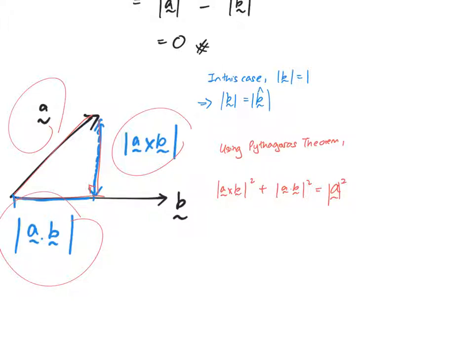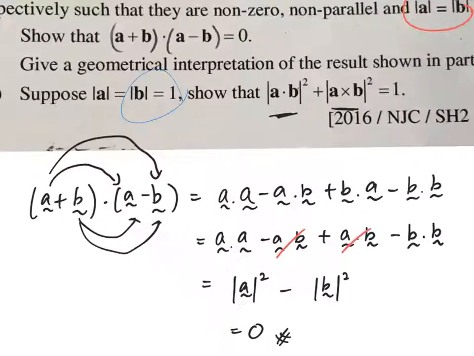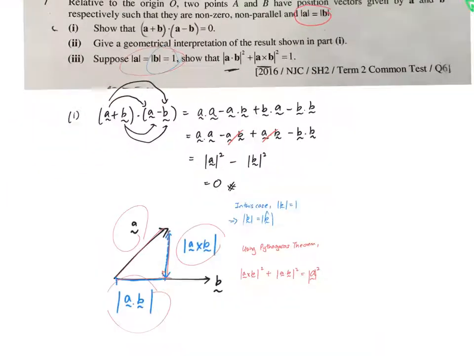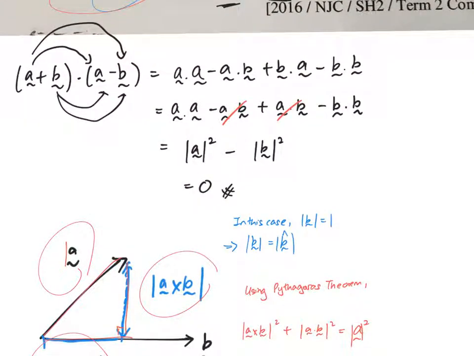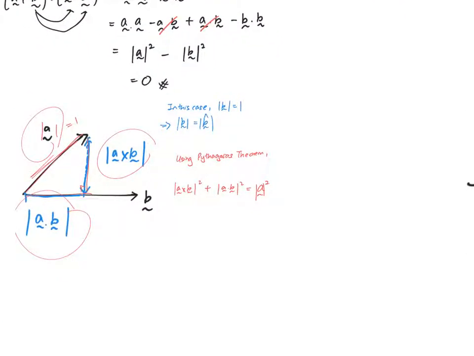Alright, in the question you also know that the magnitude of A equals to 1, so the length of the hypotenuse is equal to 1. Alright, and with that, you have (A cross B) square plus (A dot B) square equals to 1. Okay, and we are done with question 7.